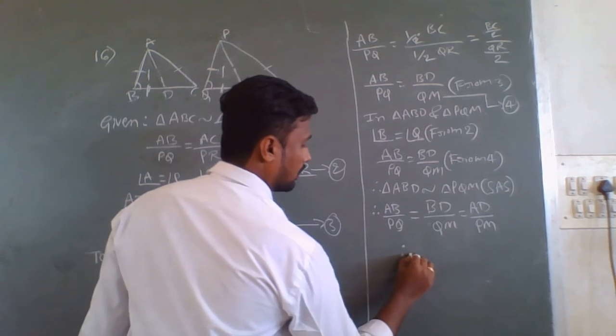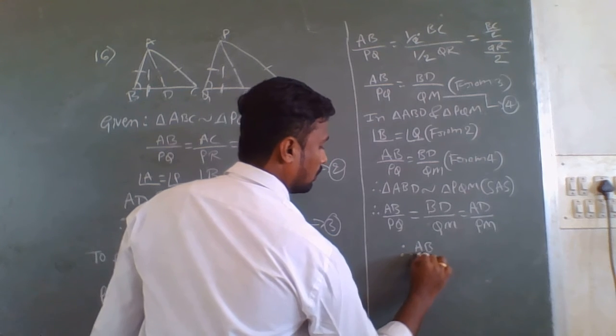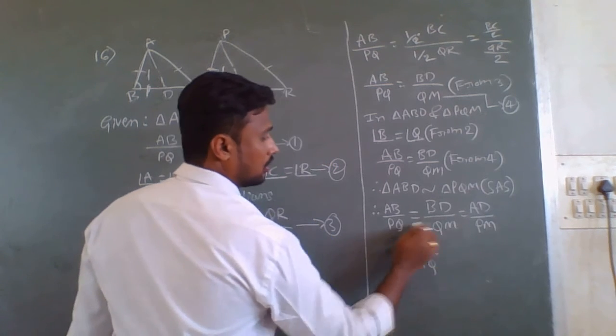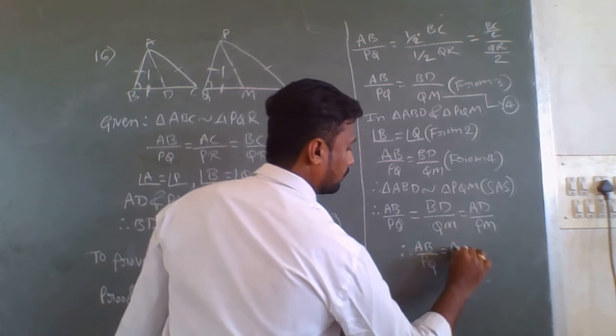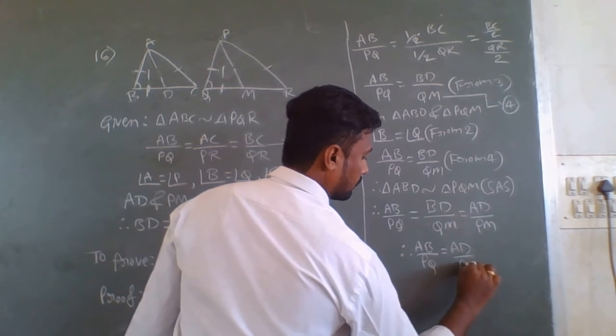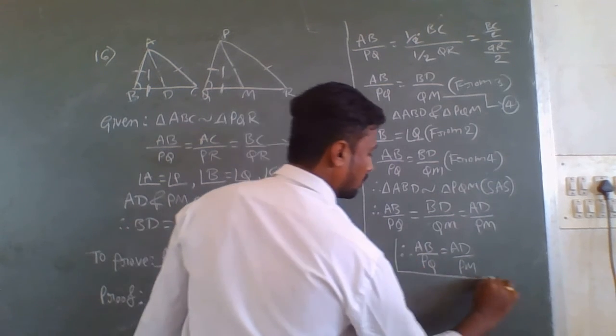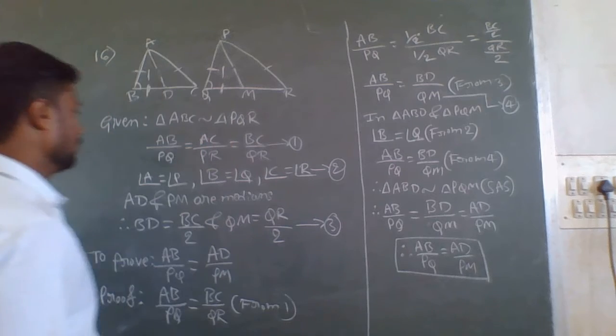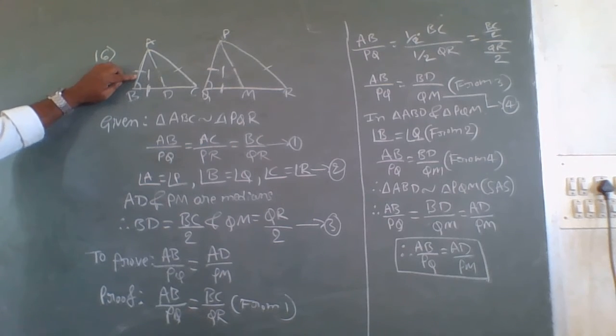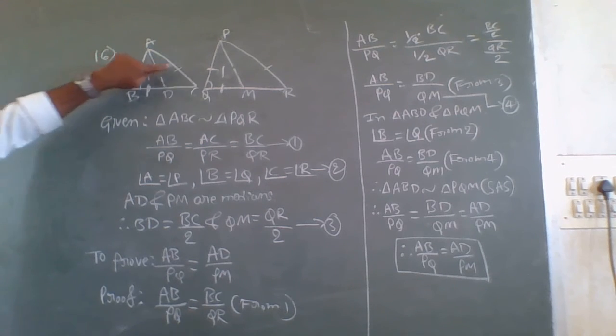Therefore, what we got here? AB by PQ equals AD by PM. Hence, we proved this AB by PQ is equal to AD by PM.